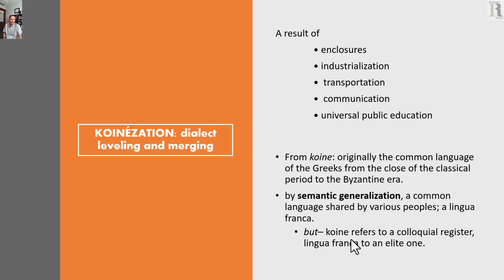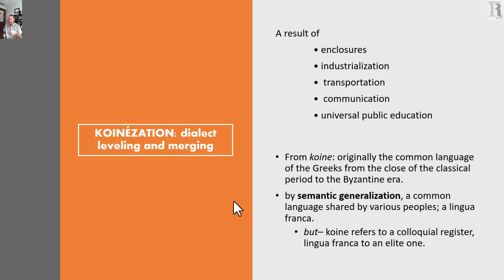It wasn't like people all across Europe could just travel and speak French with each other. A koine is a language that common people speak and share in common with people of other parts and regions.